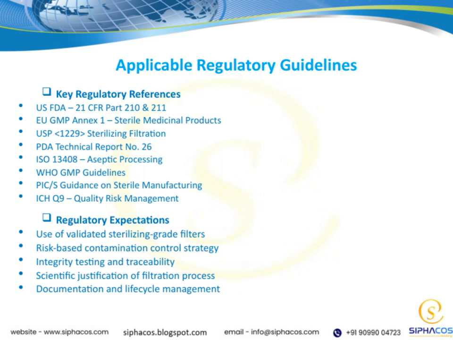Additionally, the PDA Technical Report Number 26 offers detailed recommendations on sterilizing filtration processes, while ISO 13408 focuses on aseptic processing techniques. The WHO GMP guidelines and PIC/S guidance on sterile manufacturing also contribute to the global regulatory landscape, ensuring consistent standards. Lastly, ICH Q9 on quality risk management underscores the importance of assessing and controlling risks throughout the process.